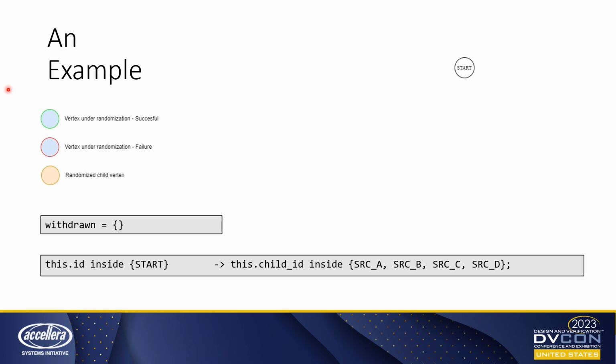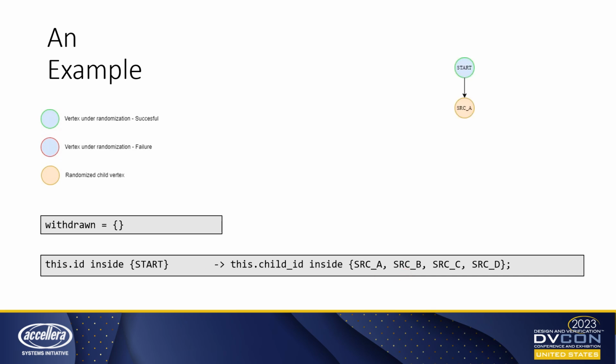If the randomization in that particular step is successful, then the vertex will be underlined with a green line. If the randomization fails, it will be underlined with a red line. In the case of a successful randomization, we will additionally have the randomized child vertex, which will be colored in orange. We can also see in the bottom of the slide the state of the withdrawn queue at that step, and the constraints that apply to the vertex under randomization.